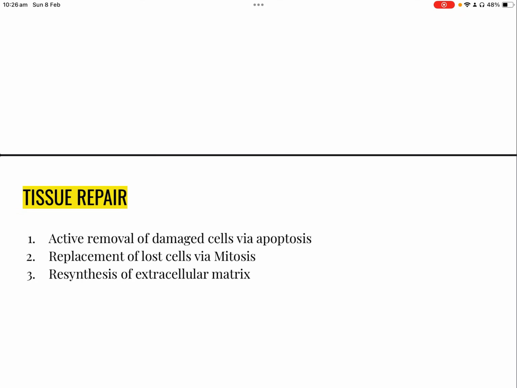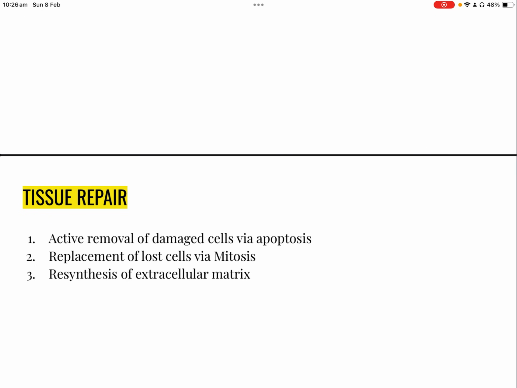The active removal of damaged cells via apoptosis is, as mentioned, programmed cell death. It's a normal process that has to happen during cell death. That is cellular suicide. So it will remove damaged cells.